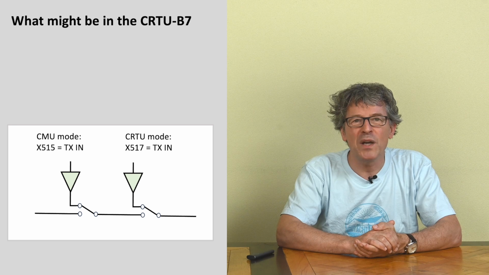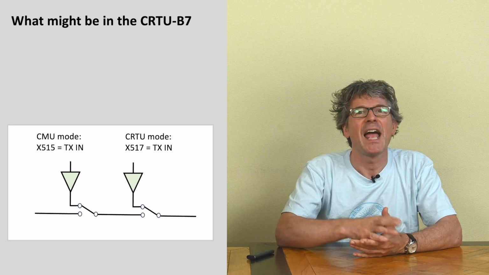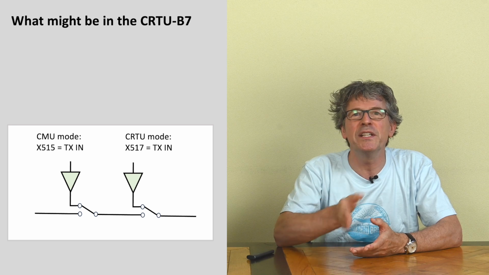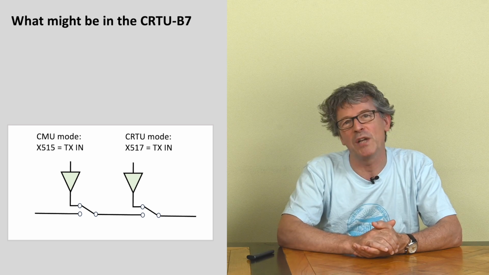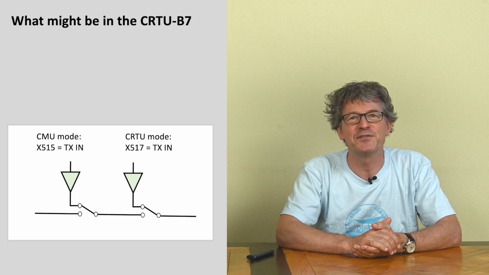The one input is only used in the CMU context, and that switch is only operated if you put that device physically in the CMU. And the other input is only used in the CRTU mode, I would say, and the switch associated with it is only used when you physically put the device into a CRTU.